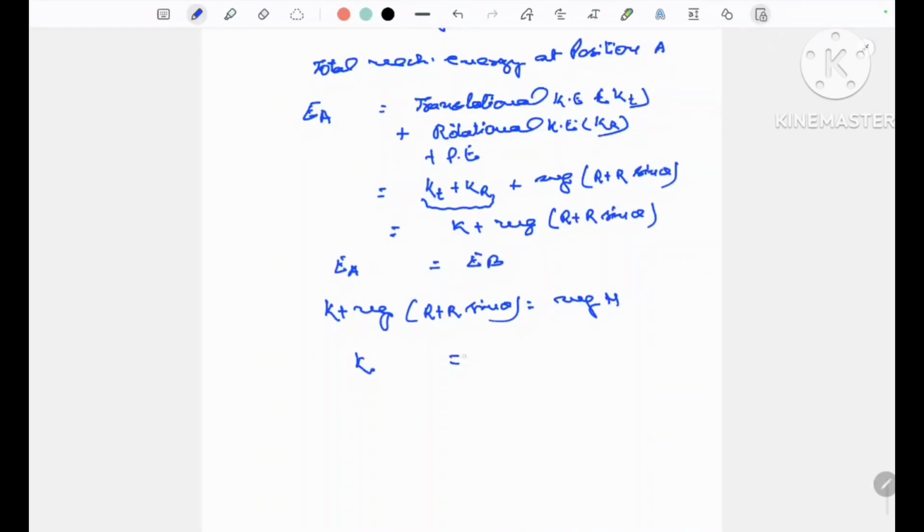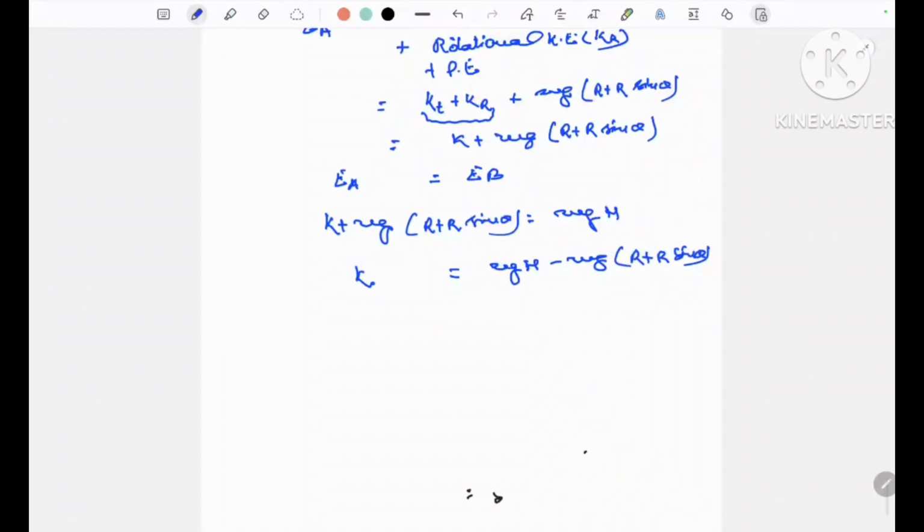For kinetic energy, K is mgh minus mg(r plus r sin theta), mg common, (h minus r minus r sin theta). This is total kinetic energy at position A.